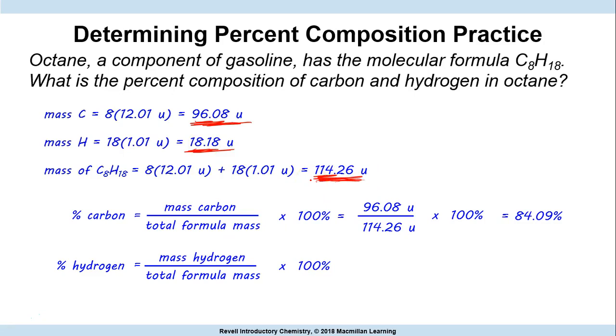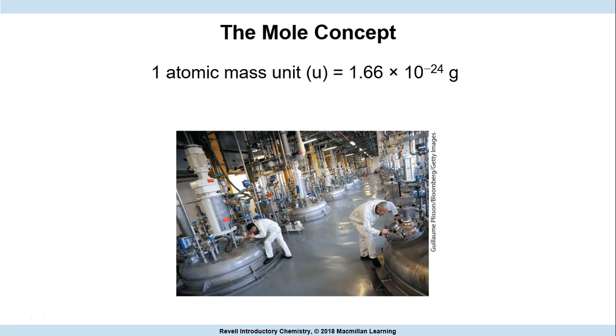So the percent composition of hydrogen will be 18.18 atomic mass units over 114.26 atomic mass units times 100, and that gives us 15.97%.